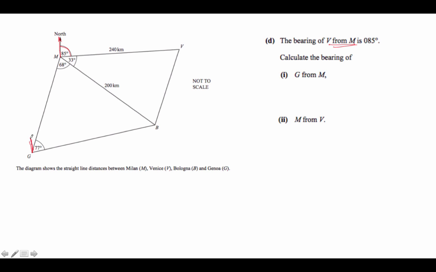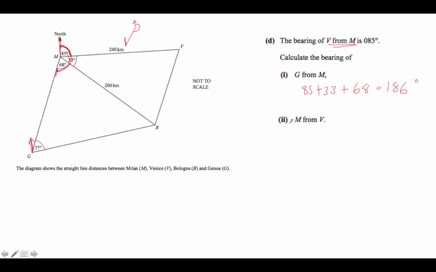So we want to go all the way around from 85, all the way around till we hit G, which is going to be this line here. Or in other words, we want to add these three angles together, because we're going from M all the way around till we get to G, which means I'm passing through those three angles. So it'd be 85 plus 33 plus 68, which is 186 degrees.